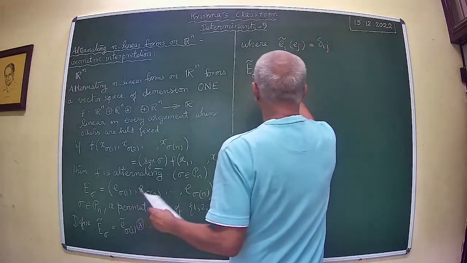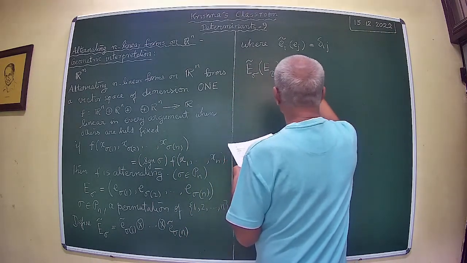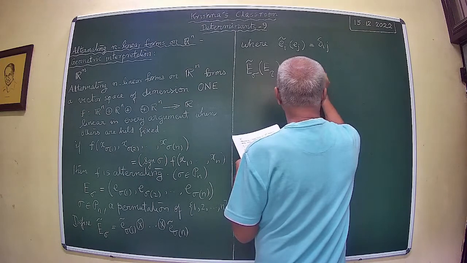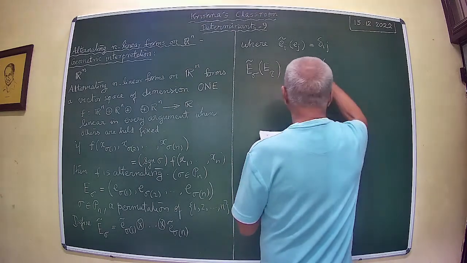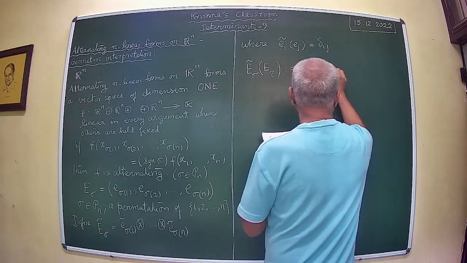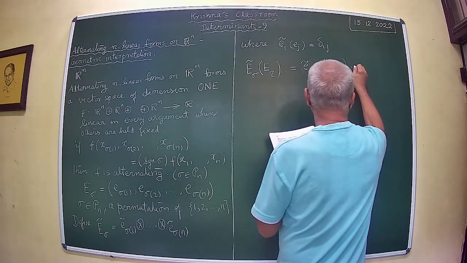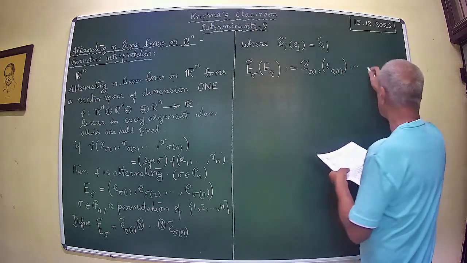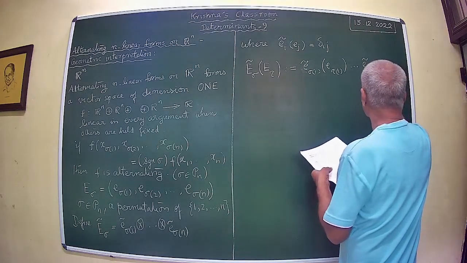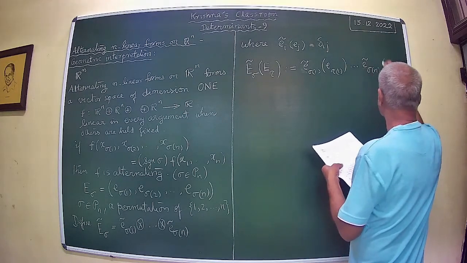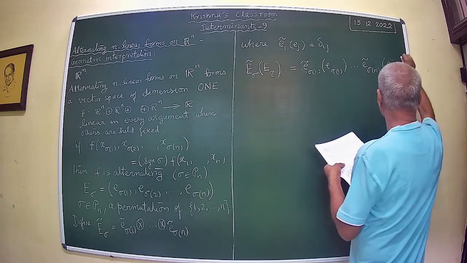This is defined as the product E sigma 1 acting over E tau 1, and so on.